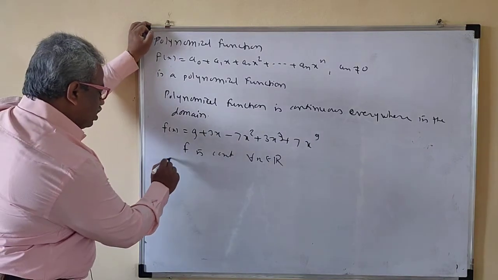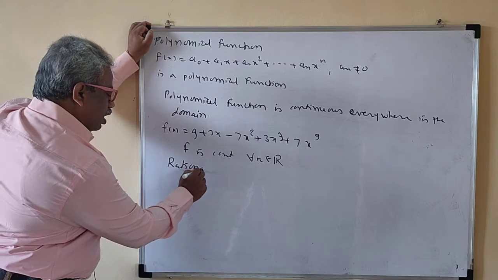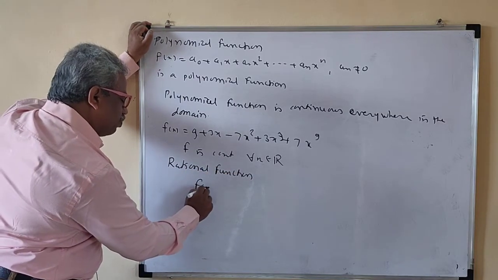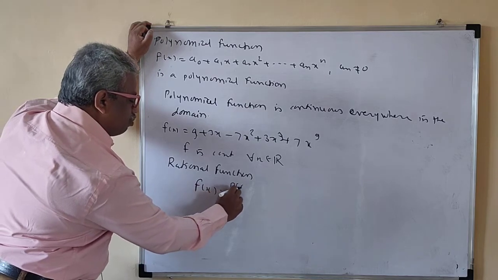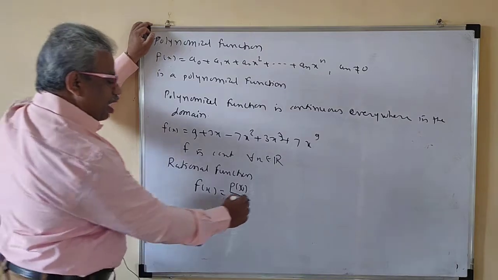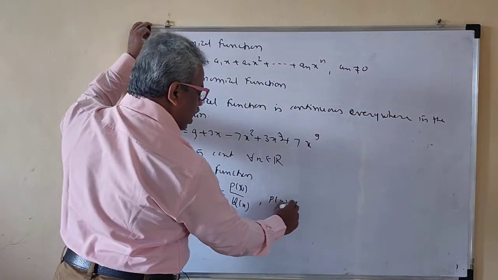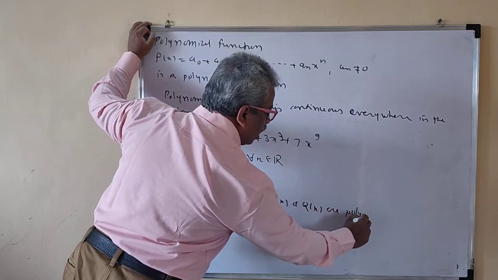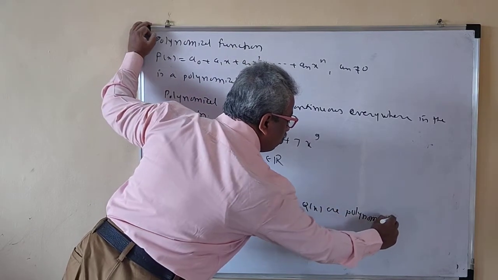Next, the rational function. You are familiar with the rational function: P of x upon Q of x, where P of x and Q of x are polynomial functions.